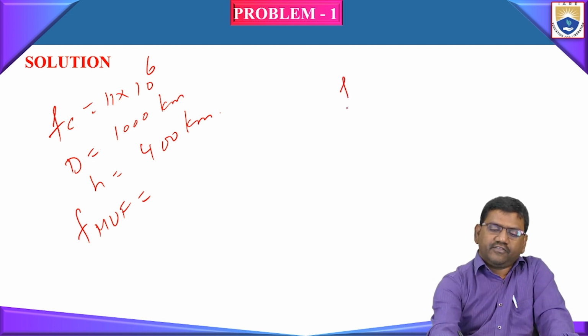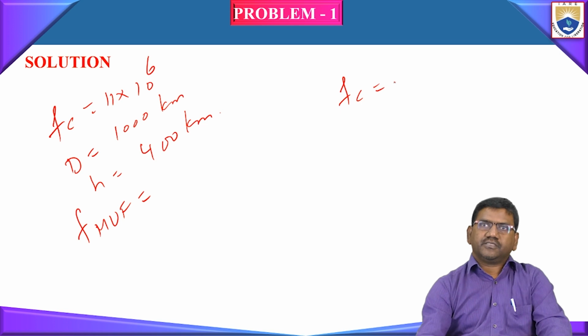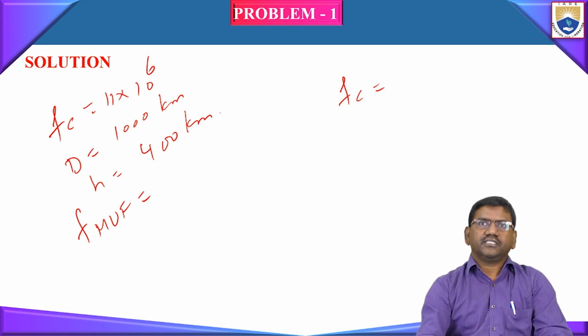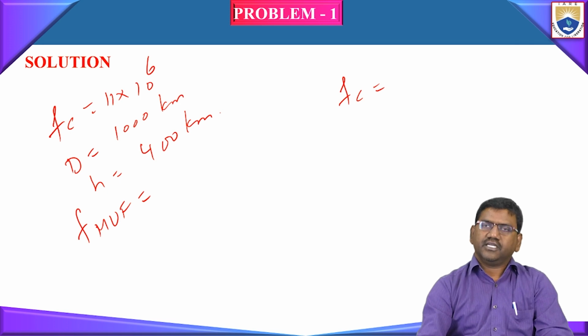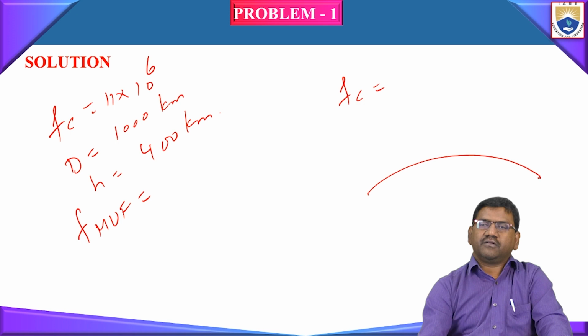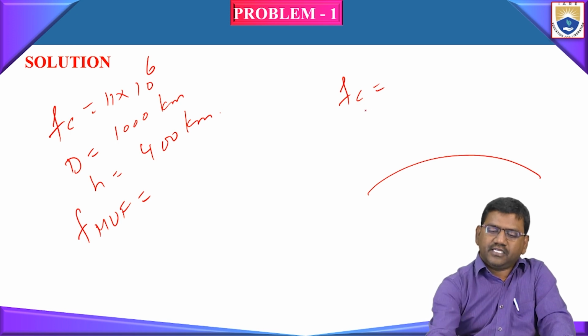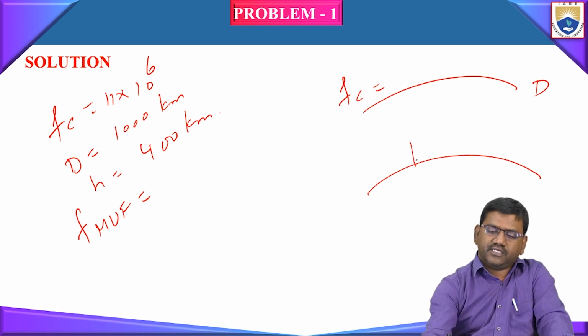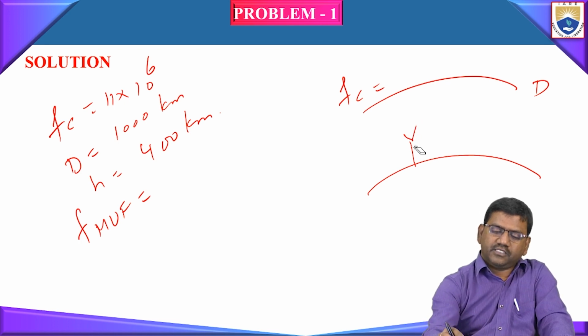So here the critical frequency is given as 11 into 10 power 6. So what is the critical frequency? The frequency at which a wave is returned to the Earth at vertical incidence. We call it the critical frequency. Suppose this is the curved surface of the Earth and there is a layer. Let us assume this is the D layer and we are going to transmit a signal vertically.